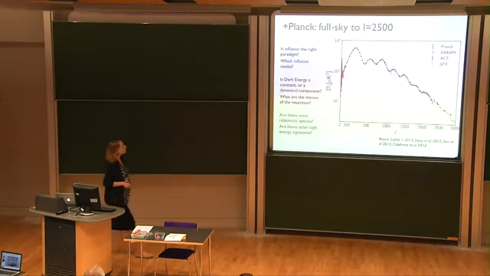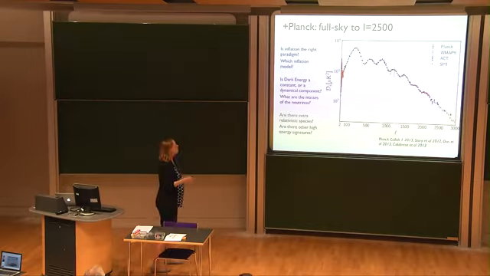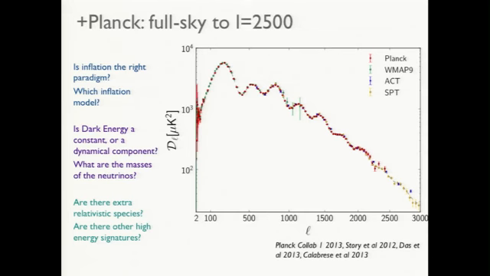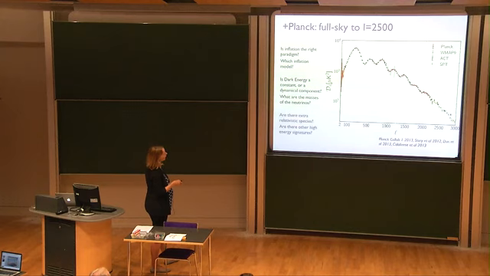We can then look at the current compilation of all the small-scale measurements, including Planck as well. And Planck beautifully gets the L of less than 2,500 range that George already showed. This again is now on the log scale up here. And in red is Planck. The blue points I just showed you from ACT are underneath and very consistent.